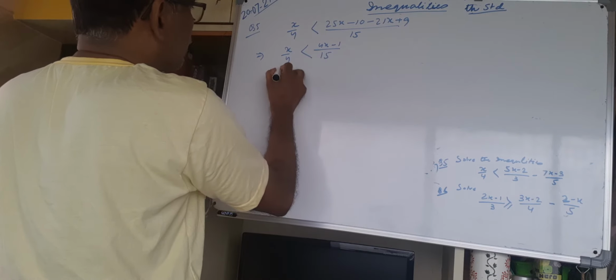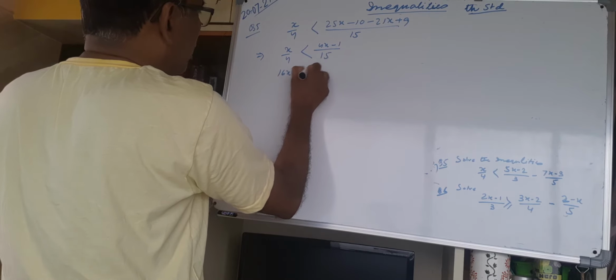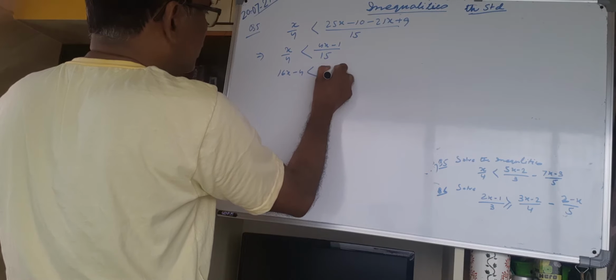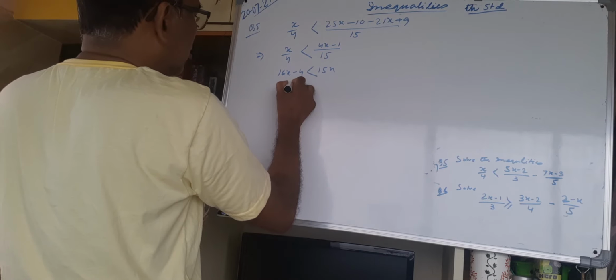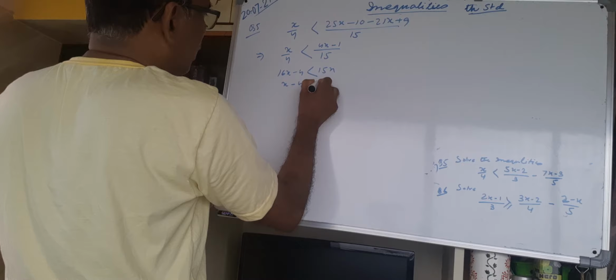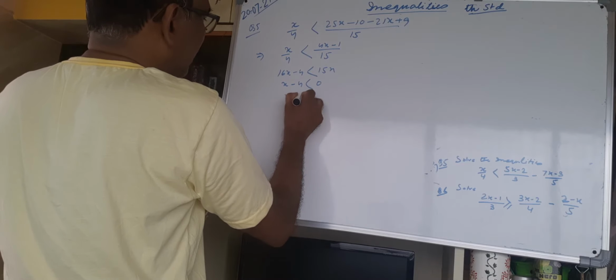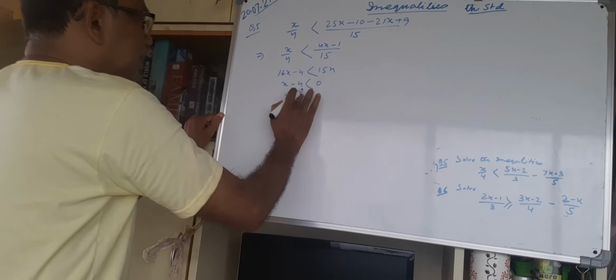The cross multiplication, 16x minus 4 less than 15x, coming left hand side, x minus 4 less than 0, that is x less than 4.